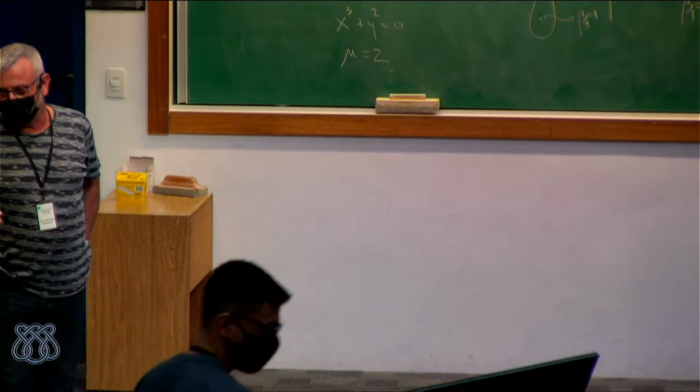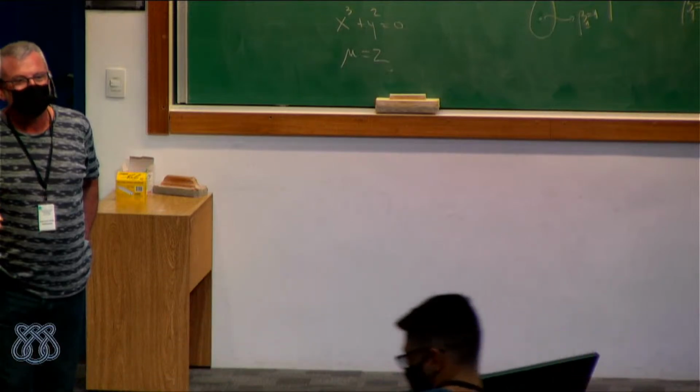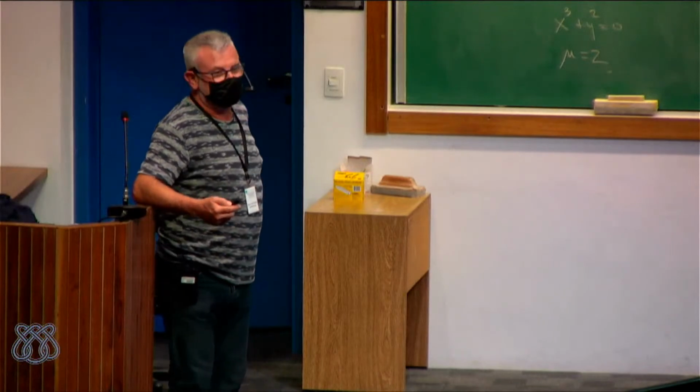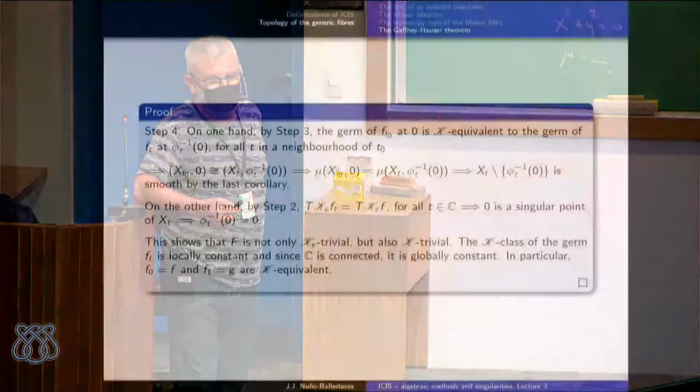This is a simplified version for the case of ICIS. Yeah, we really use it only in the last step because we really need to know that they're actually K equivalent instead of KE equivalent. And that was a useful trick, that you can prove the singularities can't split using the ideas that Juan talked about.